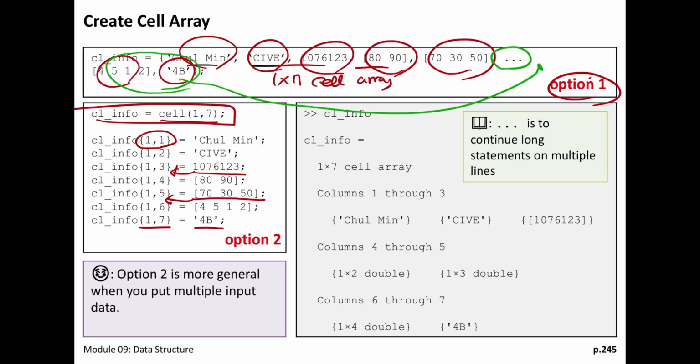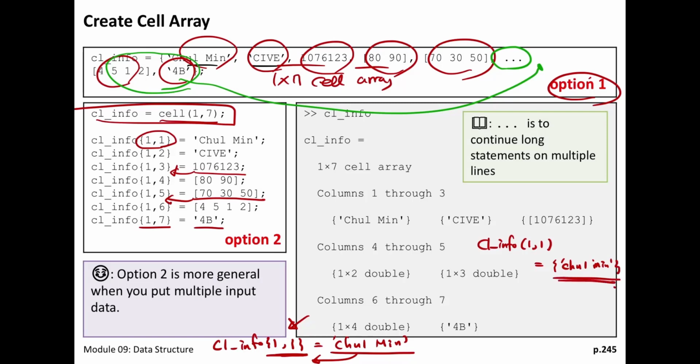When you assign a value, because we are referring to the value space, you can directly put the value into this cell. But if you're referring to the cell itself like this, you need to assign the cell type like this one.